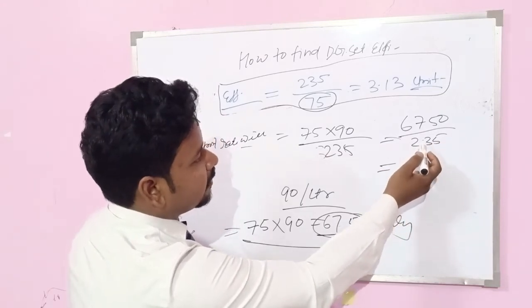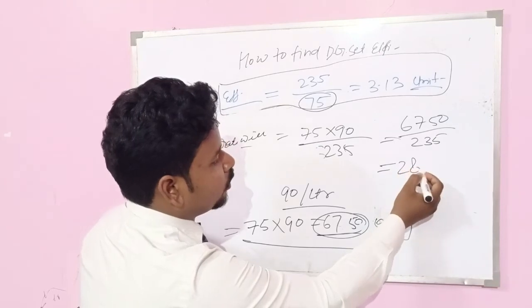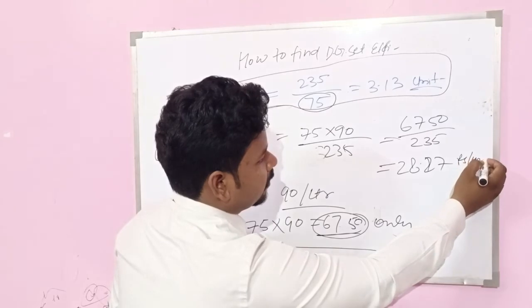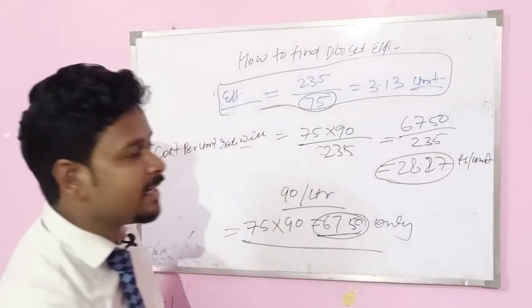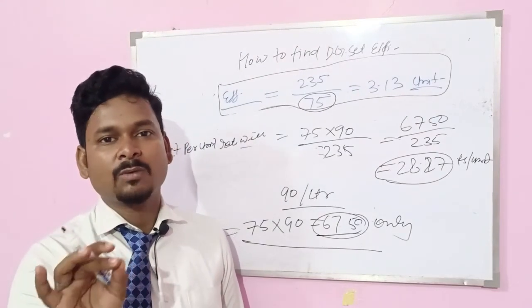If you divide this by this, then you get 28.72 rupee per unit. Okay, so you find that one unit will cost about 28 rupees.